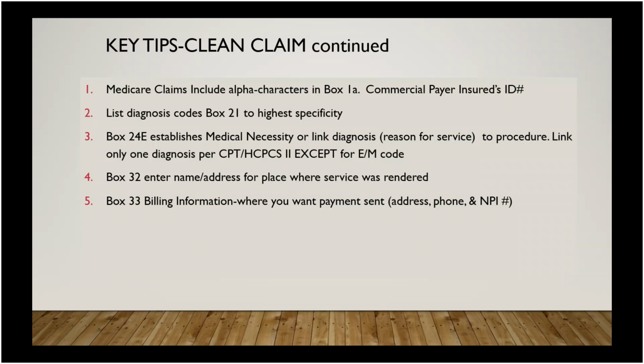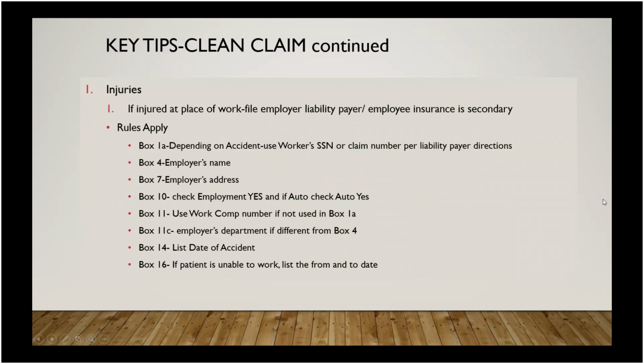And box 33, billing information, where you want the payment to be sent. A lot of times the carrier information at the top of the form and the billing information for new billers gets put in the wrong area. So be aware. Who are you sending it to get paid, and where do you want that payment to come back?